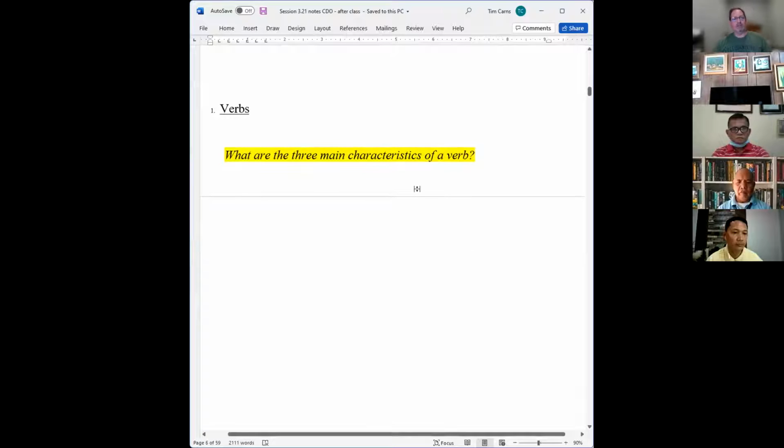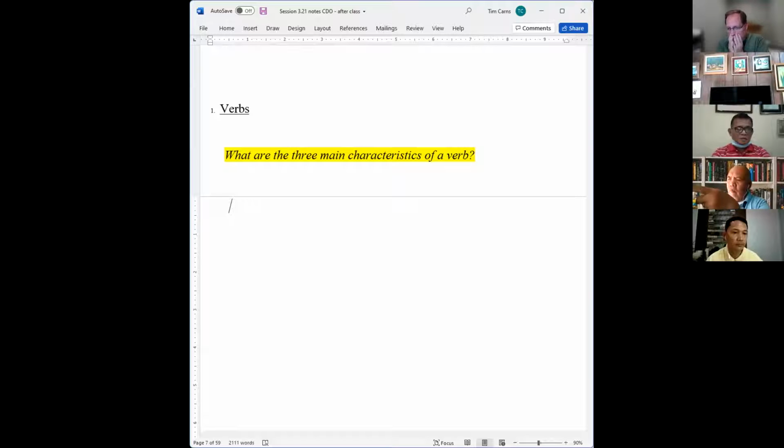So with that, just by way of review, can anybody tell me what are the three characteristics of an English verb? It has moods. Okay, there's mood. Good. What else? That's tense. Tense. Good. And I heard it, somebody said it. Voice.